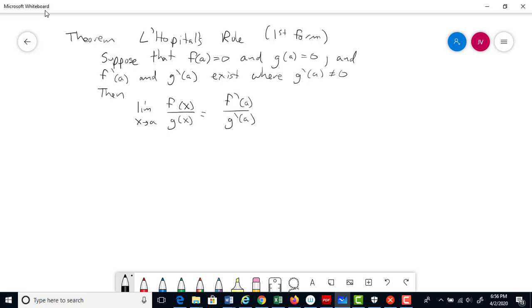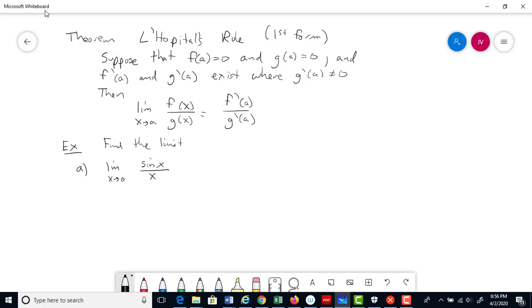So a quick example here would be: find the limit. One of my favorite ones to do is the limit as x approaches 0 of the sine of x over x.